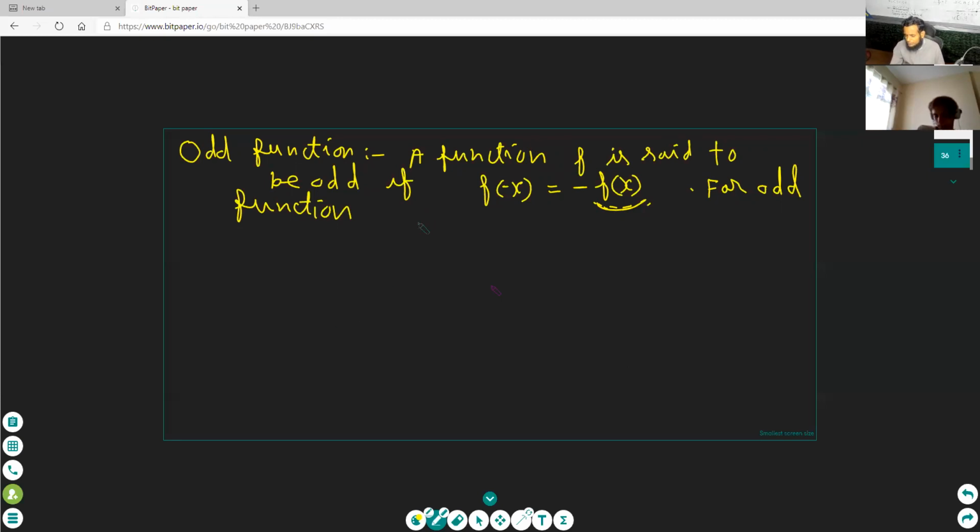Linear functions are odd functions; they are symmetric about the origin.